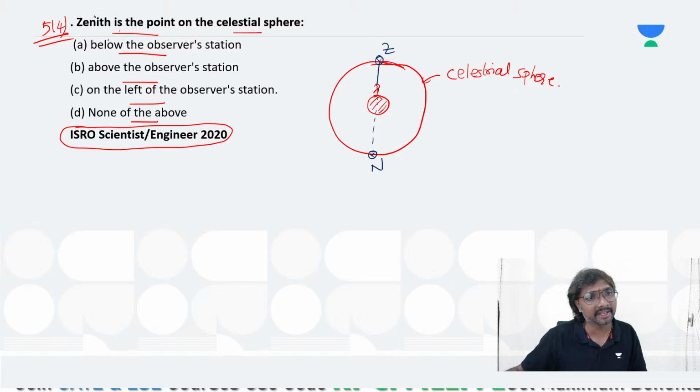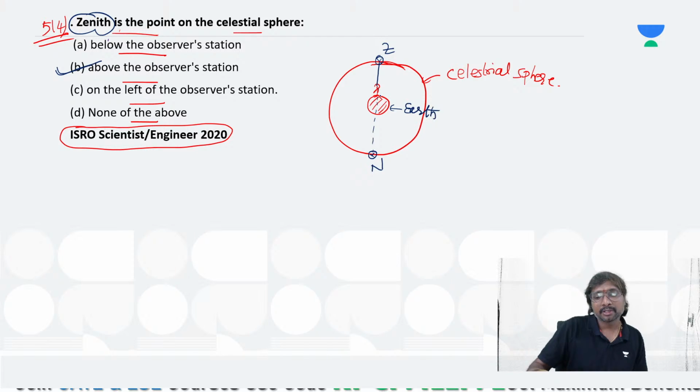Here in the question, zenith is asked, and zenith is given as above the observer station, the point on the celestial sphere exactly above the observer. So the entire universe is taken as a sphere with the earth as the center, and that sphere is called your celestial sphere.